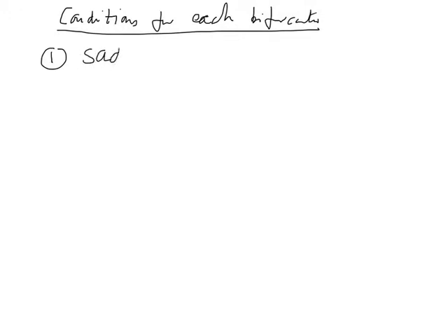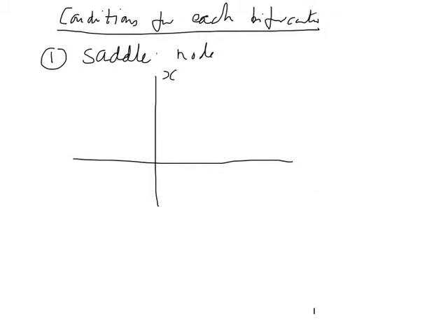So first of all, the saddle node. This is a case where if we draw the curve here of x, these are going to be a curve of fixed points against mu, and the fixed points exist up to a certain mu, which we'll call mu naught, and then after that they cease to exist.